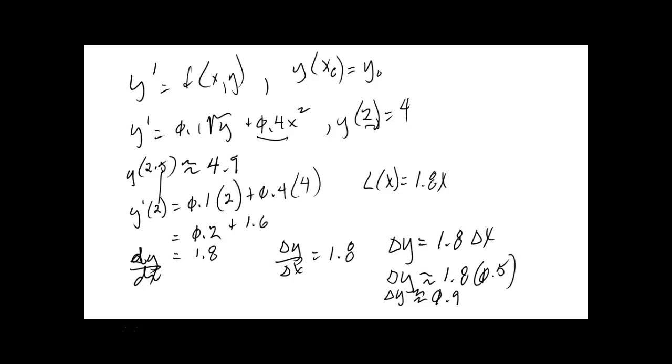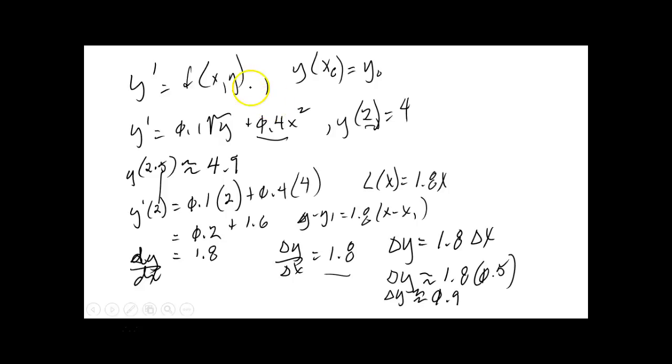And that's what I'm trying to figure out. Okay, if they let this be that, let's say y minus y1 is equal to 1.8 times x minus x1. Let's just say that that's what they're using.